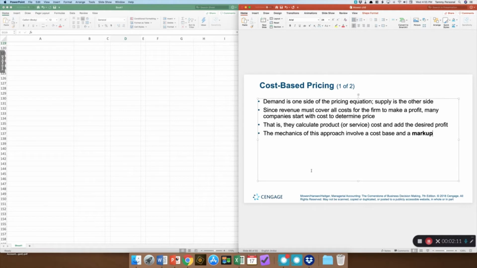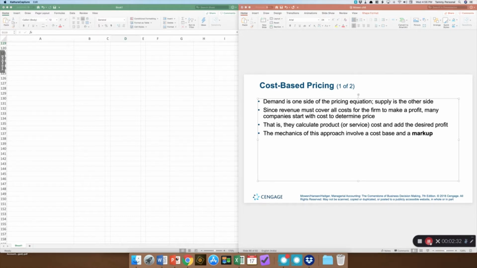Any of you that have worked retail, you get whatever it is that you're selling in, and then you apply a markup to it. Retail markups are usually 50% or more, and different businesses have different markup standards.